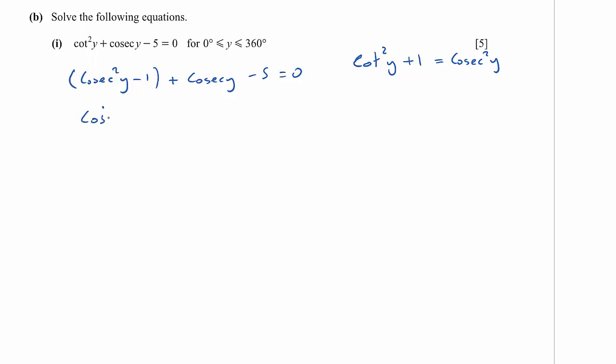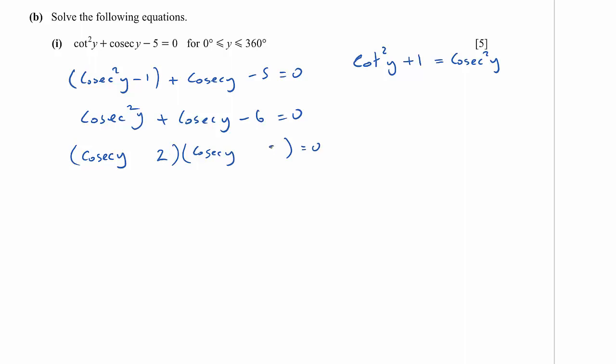So I've got cosec squared y plus cosec y take away 6 equals 0, and I think we can factorize that. So cosec y, if we have 2 and 3, make this one a plus and this one a minus.